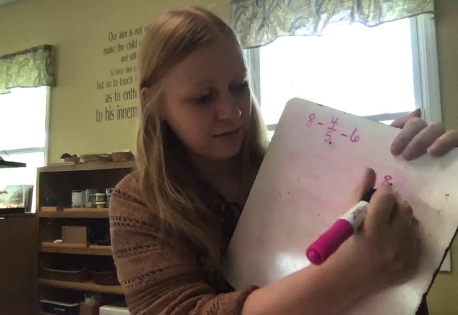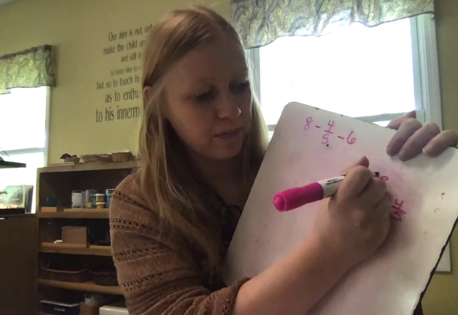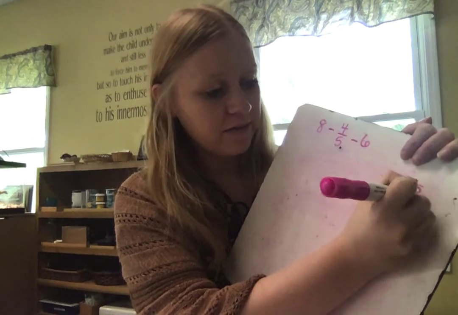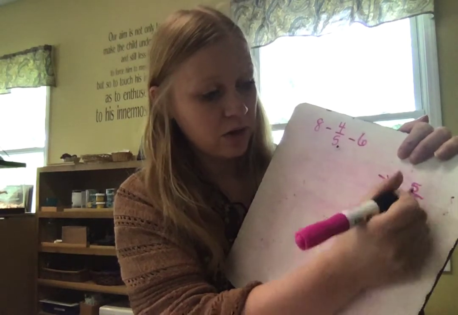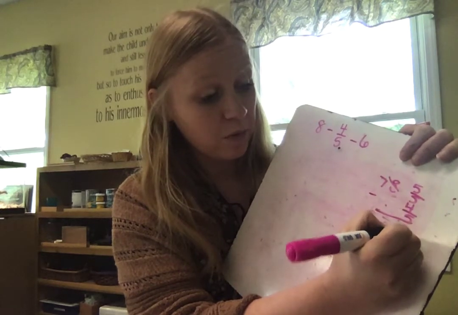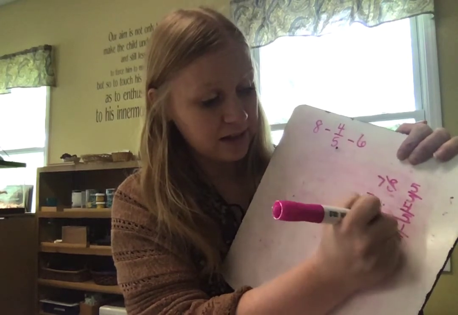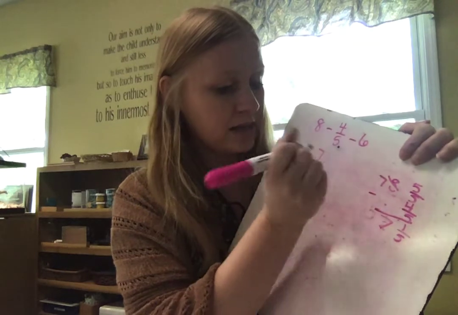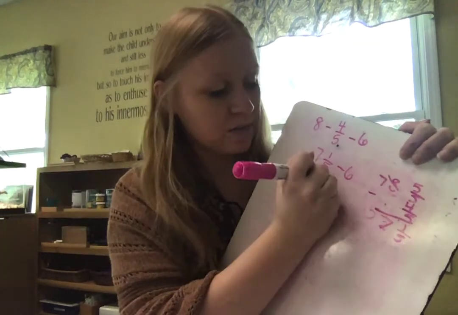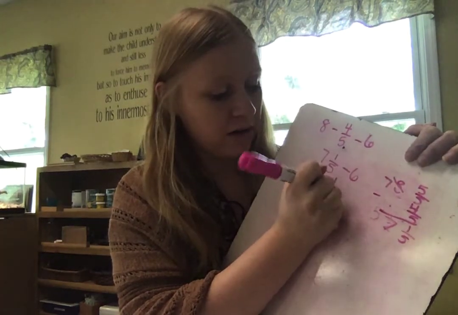Well, I can't take 4/5 away from nothing. So I'm going to borrow and make a whole out of fifths. I'm going to have 7 5/5 minus 4/5. 5/5 minus 4/5 is 1/5, and 7 minus 0 is 7. So I'm left with 7 1/5 minus 6, which gives me 1 1/5.